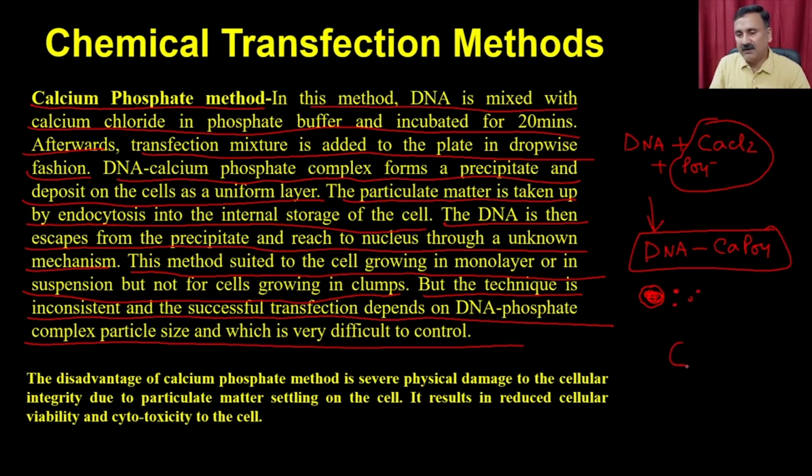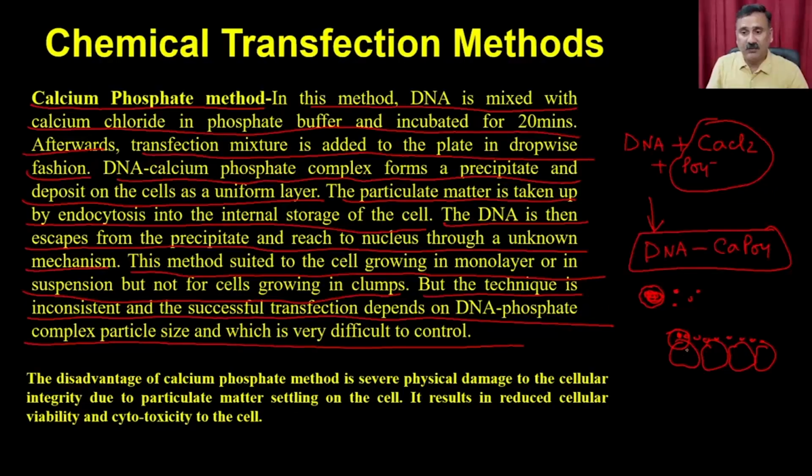So imagine that you have a cell, right? You have a single monolayer of cells, right? So all these particles are going to sit on top of this. Once the particle sits on any cell, the cell has an inherent tendency that it is going to eat these particles. Okay, just like as we take food particles, for example.